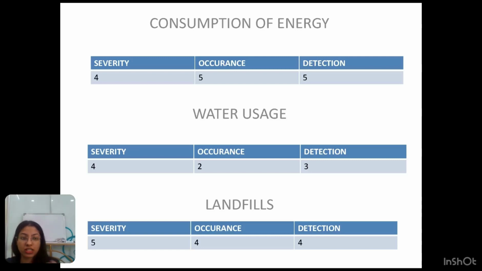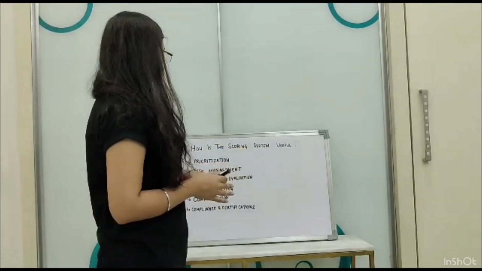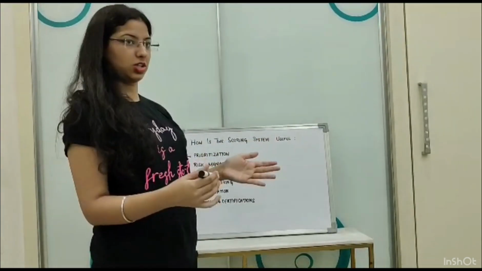Every organization can use the numerical scoring scale. Now we'll see what benefits it brings to organizations. Hope you all understood the whole process of the scoring. So now we'll see how the scoring system is useful for organizations.